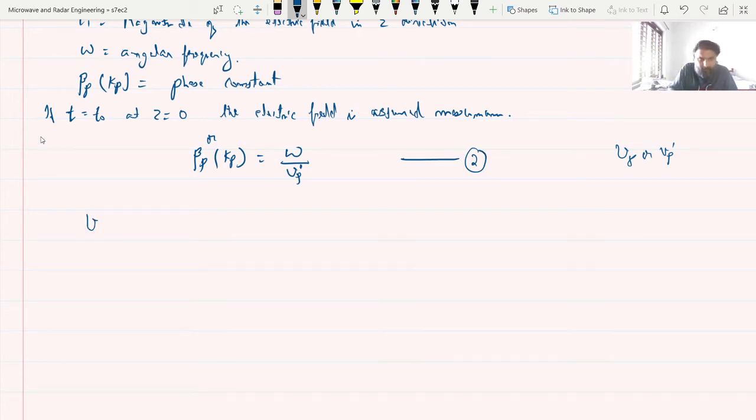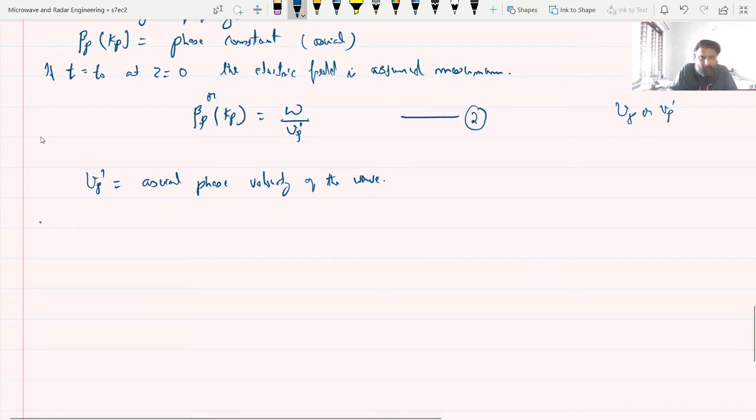So vp dash or vp is nothing but the axial velocity; beta p is the axial phase constant of the microwave, and vp is the axial phase velocity of the wave.